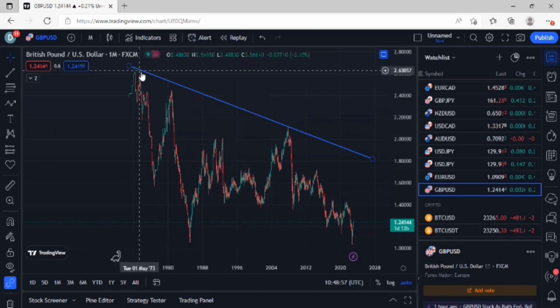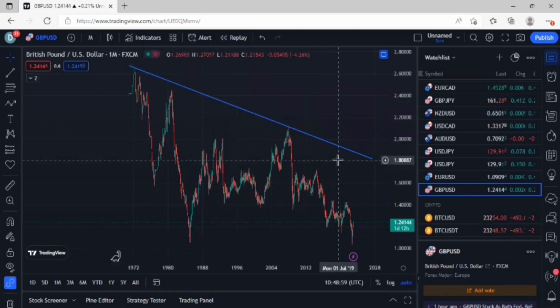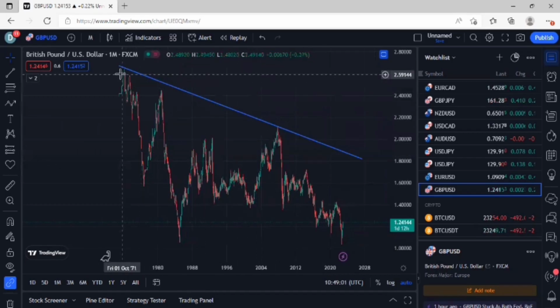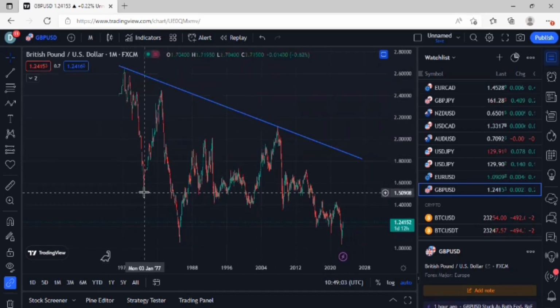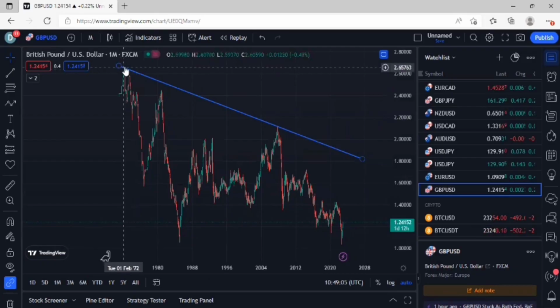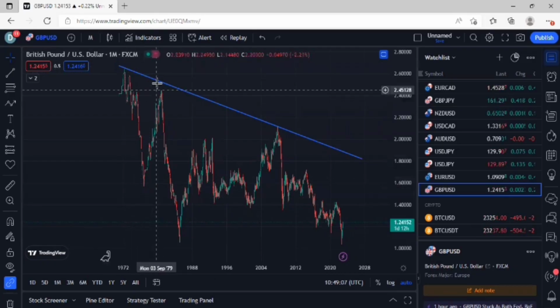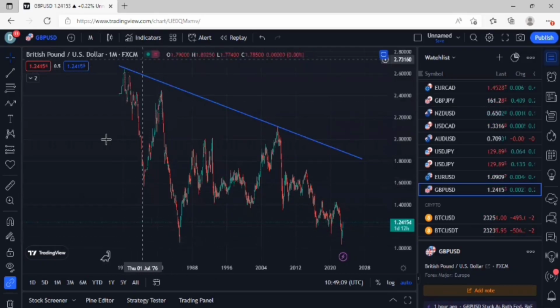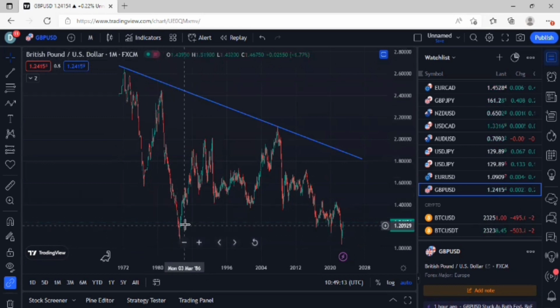You can see now that it is obvious, even if you are wrong with your market structure that says this is lower highs, lower low, lower highs, lower low. With this too, it has shown that the market is in the downtrend.